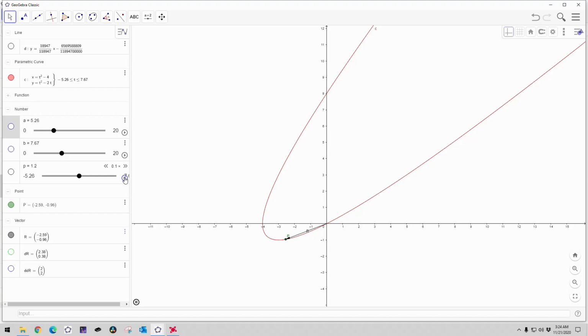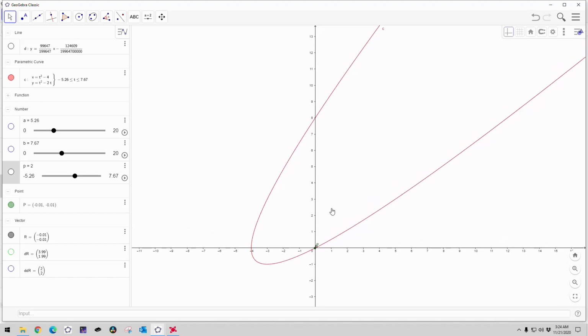And then of course the point where it goes through the origin right here, where we have a normal looking tangent line there. Okay, so here's the graph of that one.